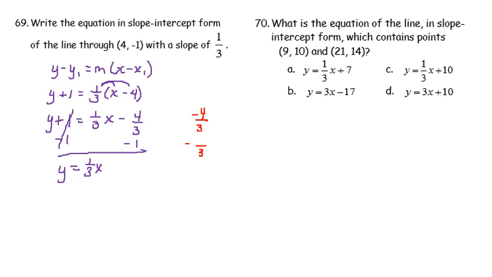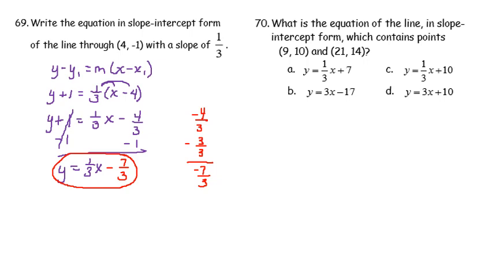So I'm looking for a number that still means -1, but has a denominator of 3, and that would be -3/3, because -3/3 means the same thing as -1. So now we've got -4/3 minus 3/3, and that gives us -7/3. So then I can just put that into our equation there, -7/3. And there's your equation in slope-intercept form.